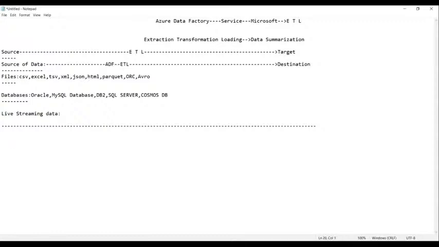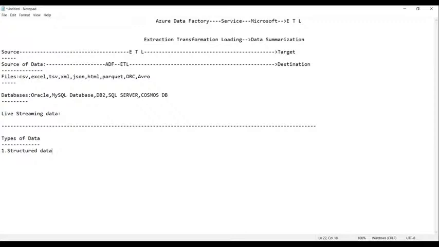Types of data. Whatever data we get, we know from what sources we get it, but now let us see what the types of data are. The first one is called structured data.